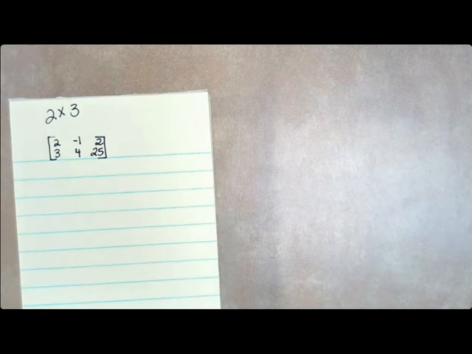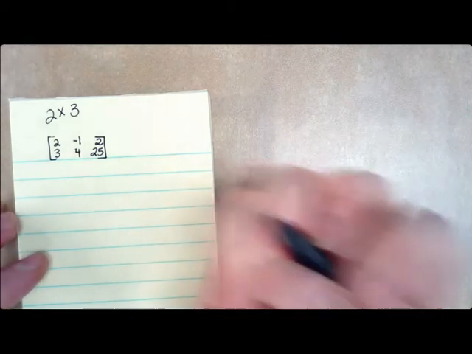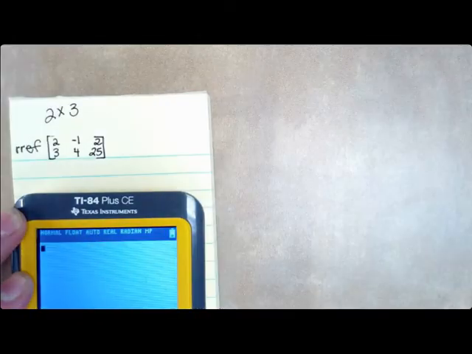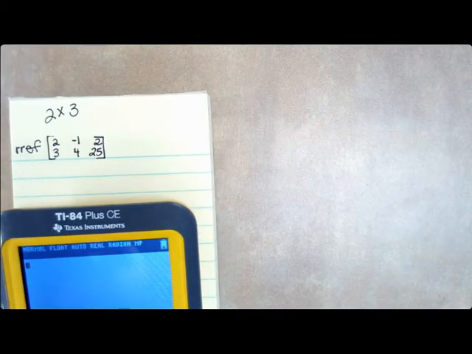It wants us to find the point of intersection. So we are finding the solution. To find the solution, do y'all remember what the function was? What we used? RREF. Nope, not y equals.